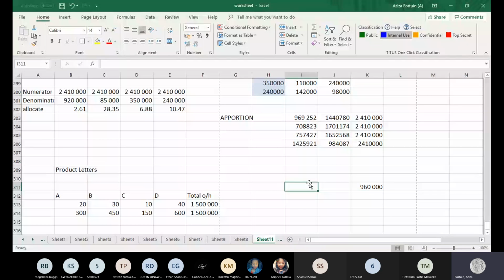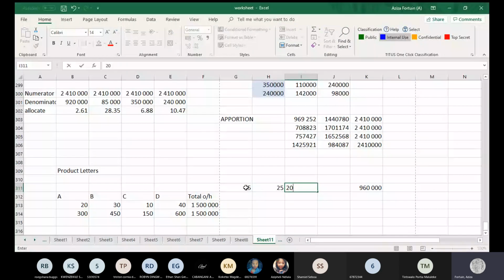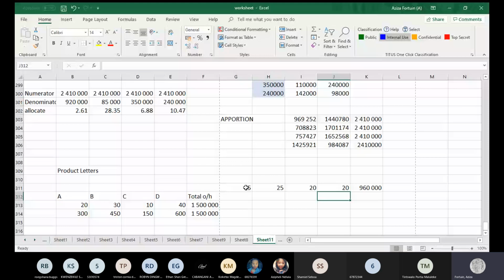so we're going to apportion, and they say that she must apportion this cost on the ratio of 35%, 25, 20, and 20, to P1, P2, S1 and S2 respectively, using the step method. Now, the step method, you will see it steps, like a step.